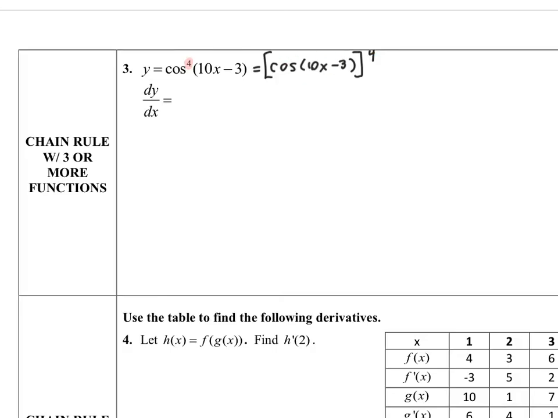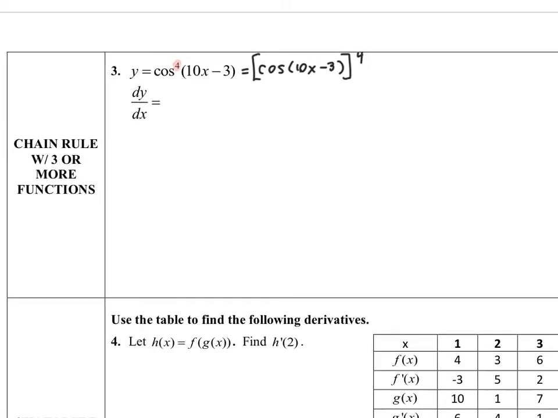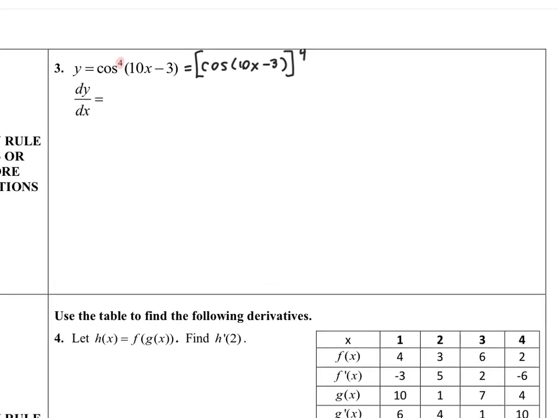So there's 3 layers going on in this one. So I'm going to define the inner, the middle, and then the outer functions. Since I have an extra layer, instead of just having the y and the u, I'm going to have a new letter that I'm going to call v to represent that innermost function. So that inside function is that 10x minus 3, and I'm going to define that as v.